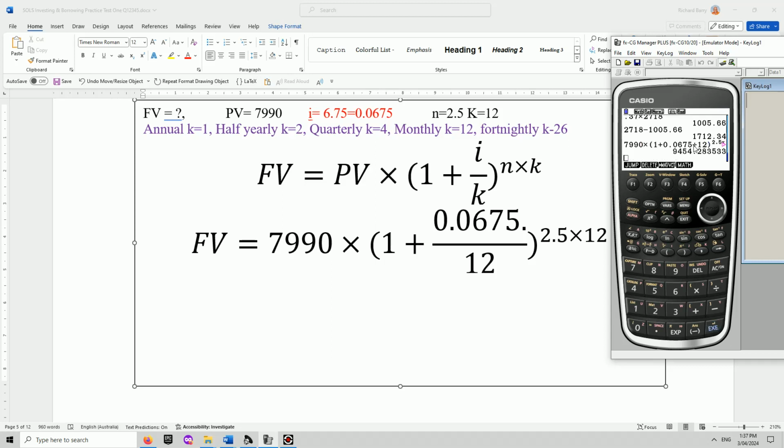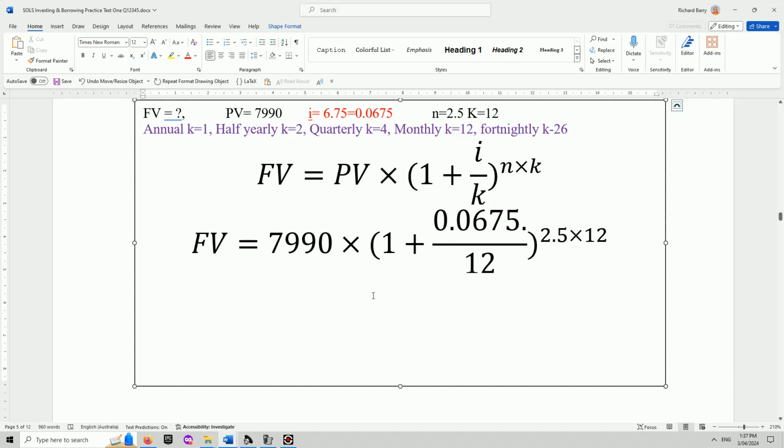Answer. First of all, did it go up? Did it get bigger? You need to do these checks along the way. Yes, it did get bigger.